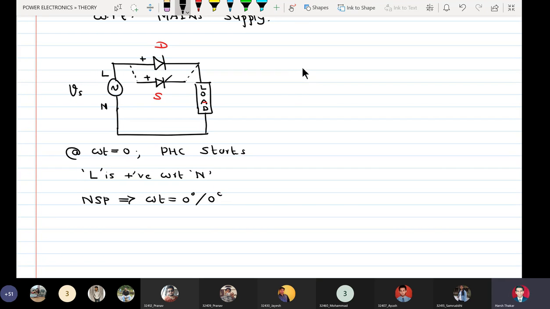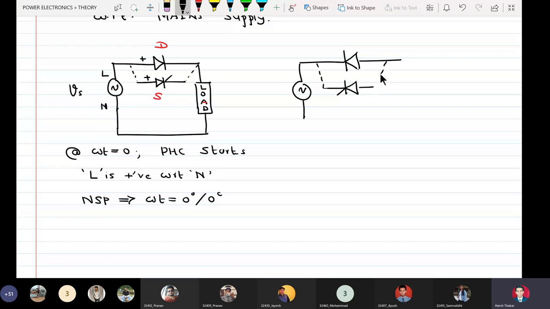On the other hand, if I reverse the direction of the diode and SCR, and connect the diode like this, or connect the SCR like this, and everything else remains the same.